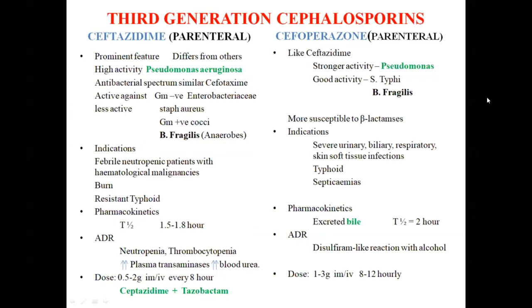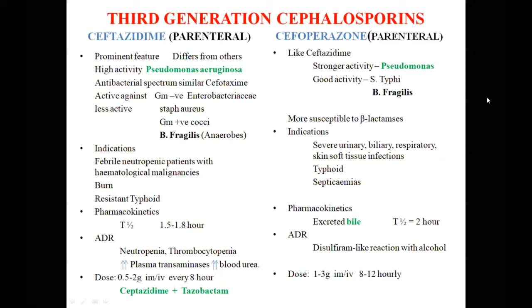These are the remaining parenteral preparations of the third-generation cephalosporins, which are very effective against gram-negative organisms, and also highly effective against Pseudomonas. So they are known as the anti-pseudomonal cephalosporins, and they are effective against many gram-negative Enterobacteriaceae. Both these drugs have a very strong activity against Pseudomonas, and also they are effective against anaerobes like Bacteroides fragilis.